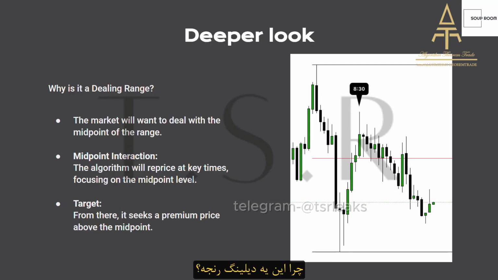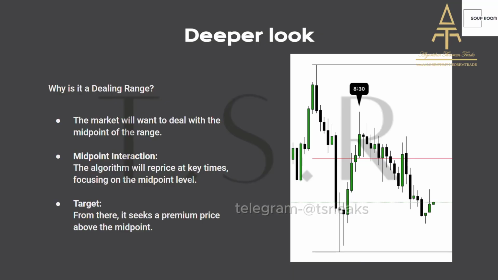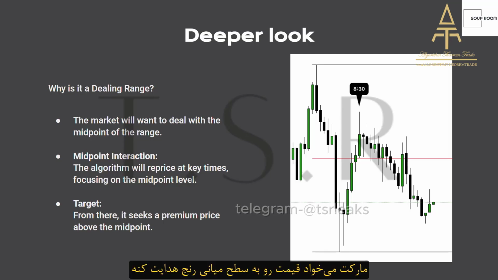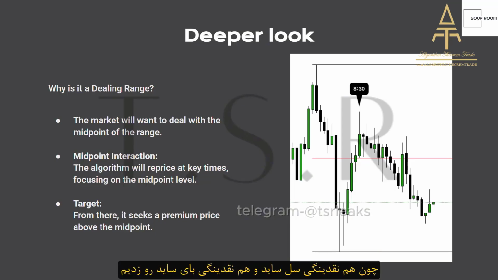Moving on, a deeper look. Why is it a dealing range and not a normal range? Because the market will want to deal with the midpoint of the range. The market will want to deal price to the midpoint of the range. Why? Because we took out both sell-side and buy-side liquidity.